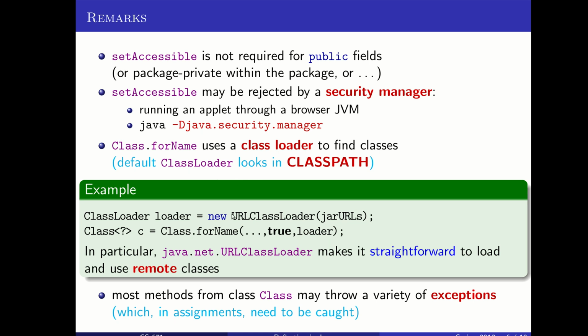You can also create a class loader that loads things over a network using URLs, so that you could provide the URLs of some online classes that someone has put on a site or on a server or has tried to transfer to you, and you could then load those up by calling class.forName.